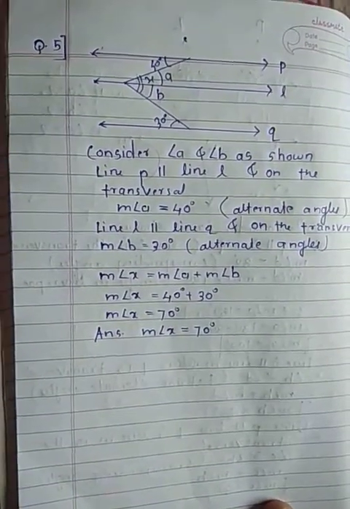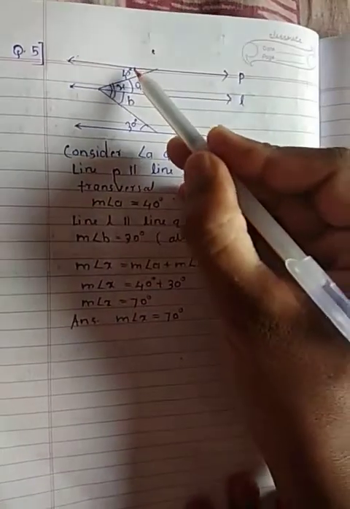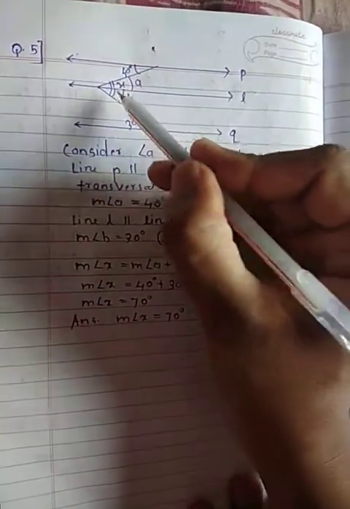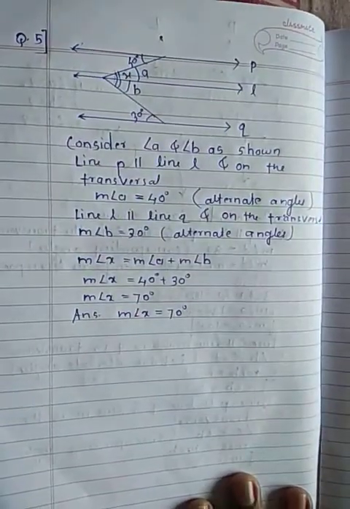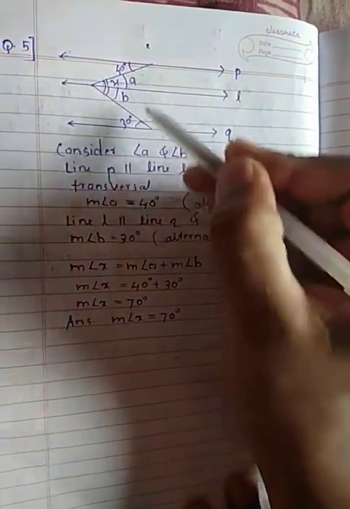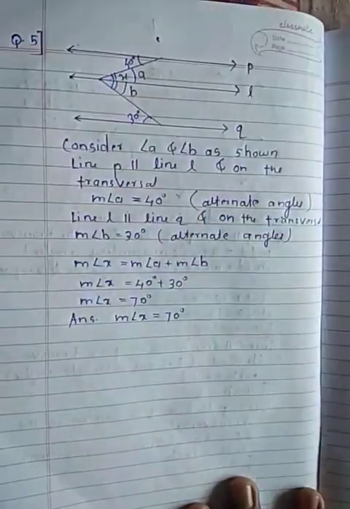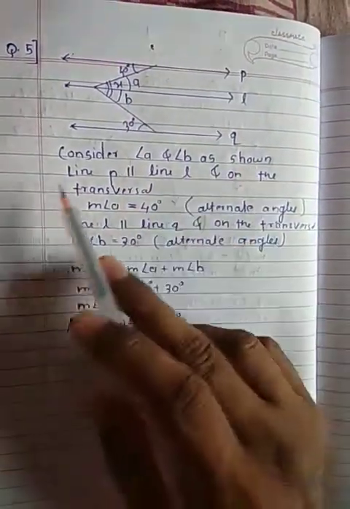Some of the measures are given: this is 40 degrees and this is 30 degrees, and we have to find the measure of angle X. Consider angle A and angle B as shown in the figure.